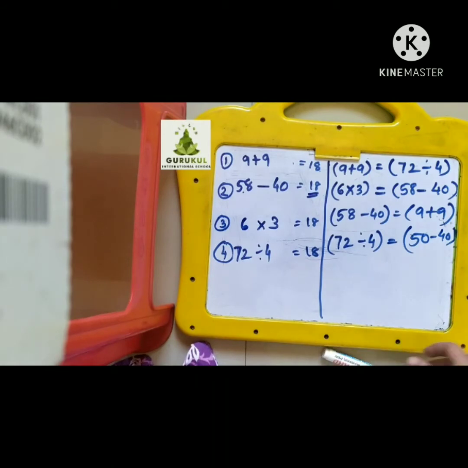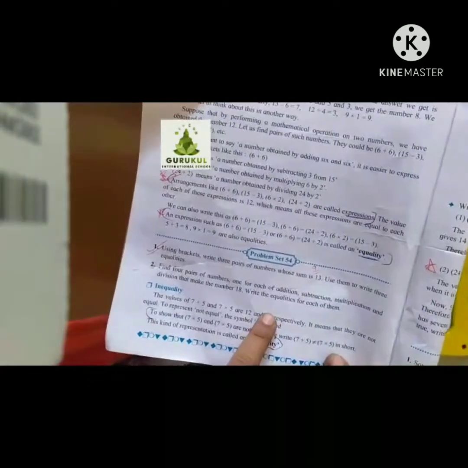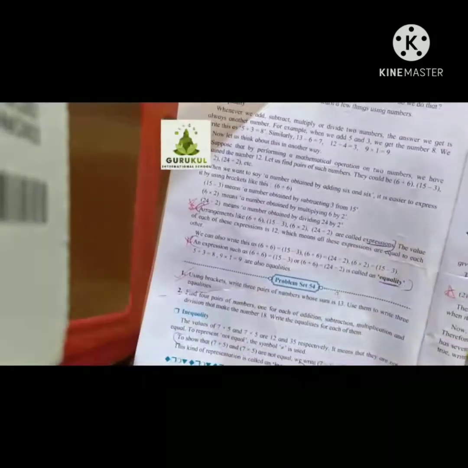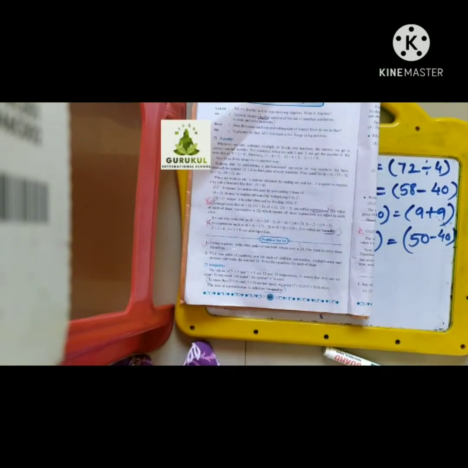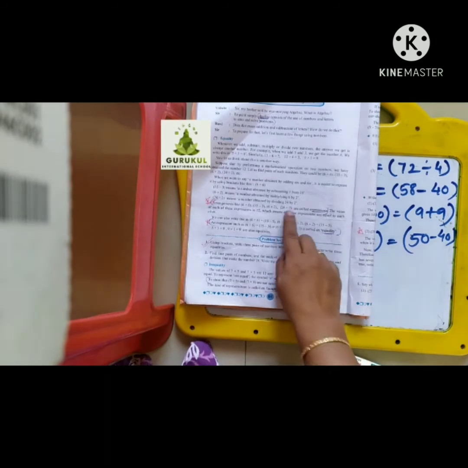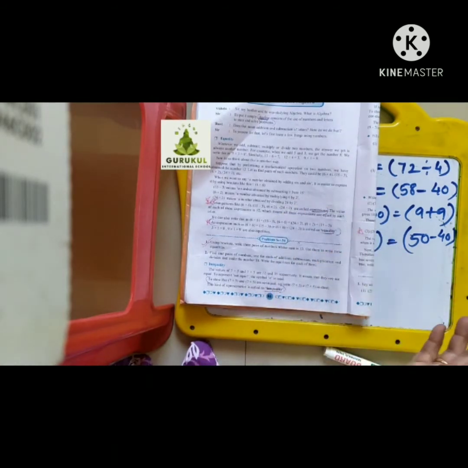I hope you have understood whatever we have discussed. So problem set 54 is homework for you, and watch the video again for your better understanding. The main concepts are only the expression, equality and inequality. Writing the numbers in the brackets along with some operation becomes your expression.